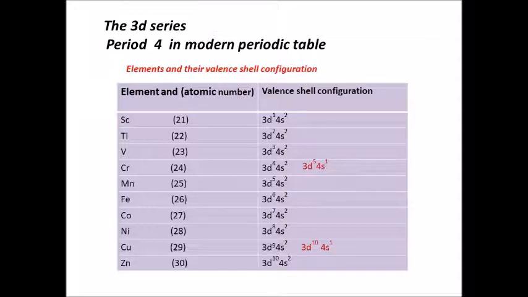So the d orbital is fully filled and has 10 electrons, while the s orbital is half filled with only 1 electron. So the stability of such a configured atom will be more than 3d9 4s2. Now in the case of zinc, atomic number 30, it has 3d10 4s2 as the electronic configuration of the outermost levels.